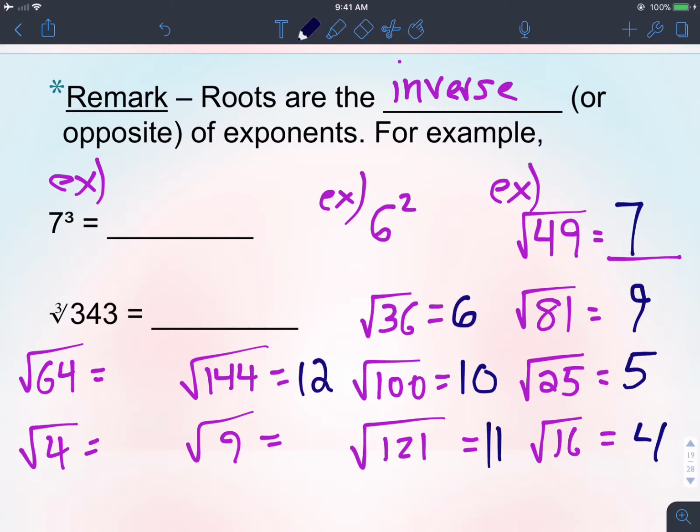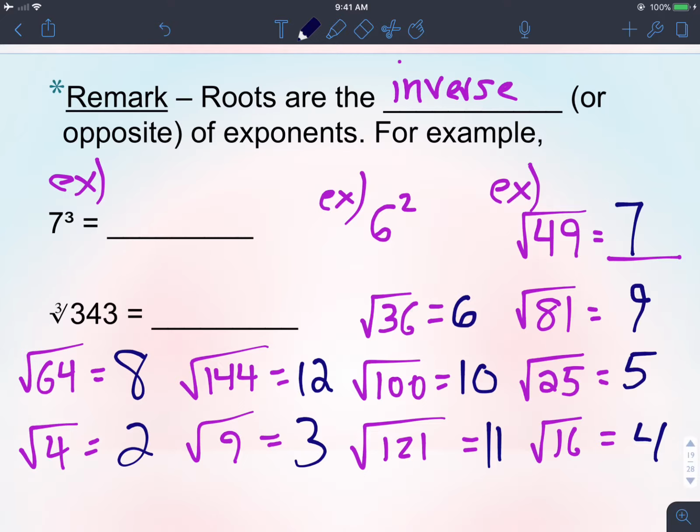Square root of 9. 3. Square root of 64. What number squared will give you 64? 8. Square root of 4. 2. So that's why we do it. It's okay if you didn't know them all.